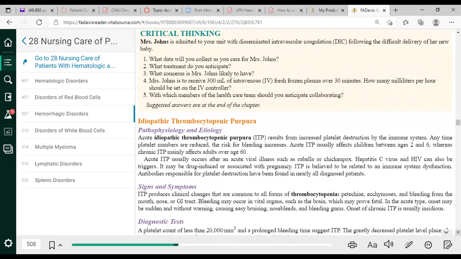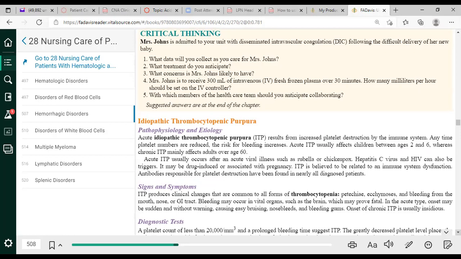What is that doing to the blood? So if your platelets are being destroyed, what's going on? What are you at risk for? It's going to cause your blood to be thin. You are at risk for bleeding out.